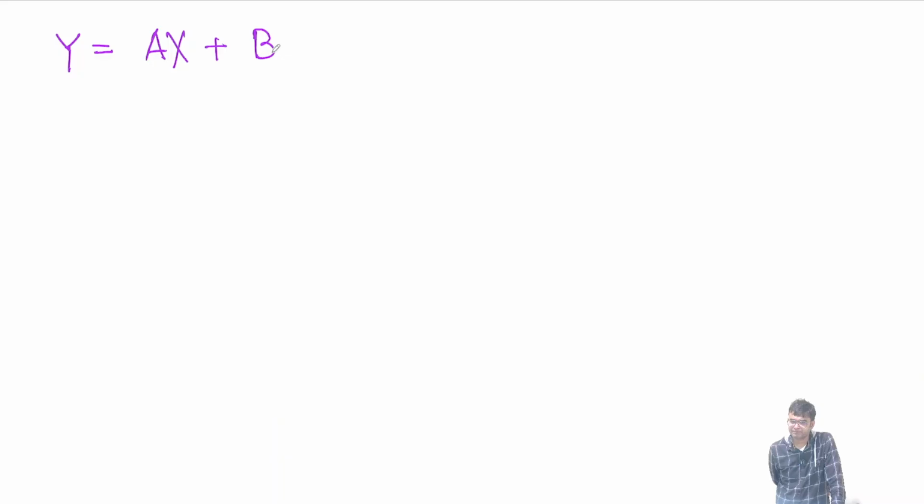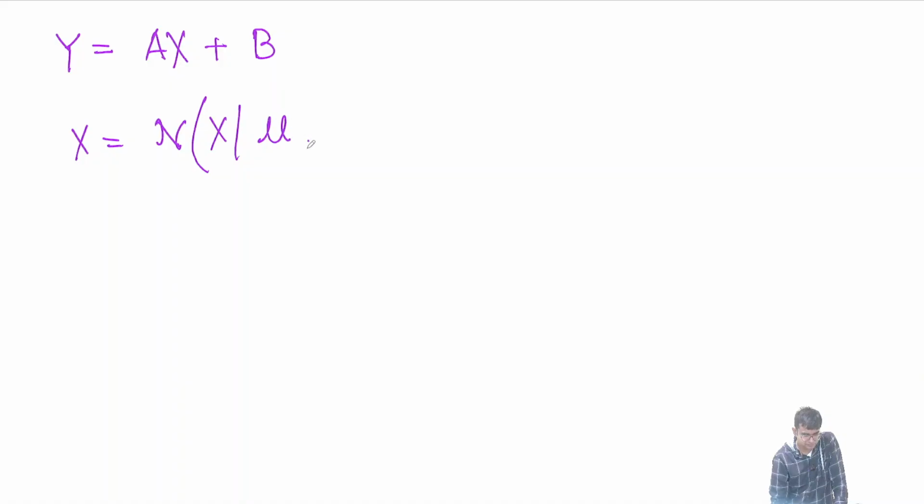And let us also take x is a Gaussian with mean mu comma lambda. So this is the precision matrix. I can write sigma also, does not matter. So now tell me what is the expectation of y from the above expression.